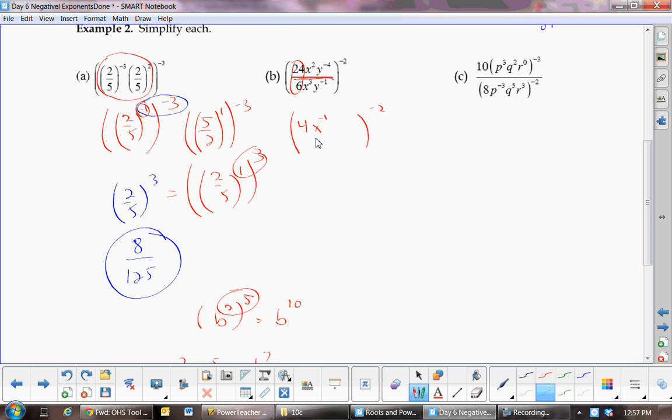Negative 4 minus negative 1 is the same thing as negative 4 plus 1, which is negative 3. Okay, one at a time. 24 divided by 6.